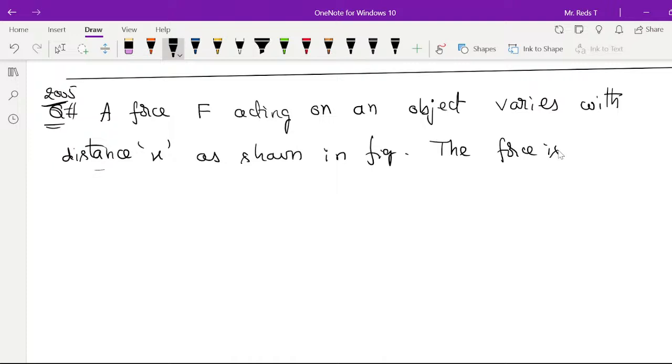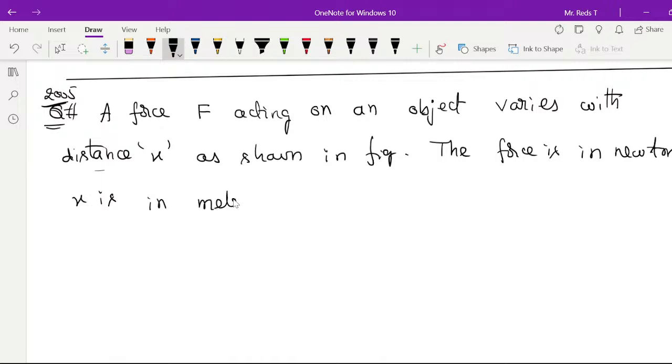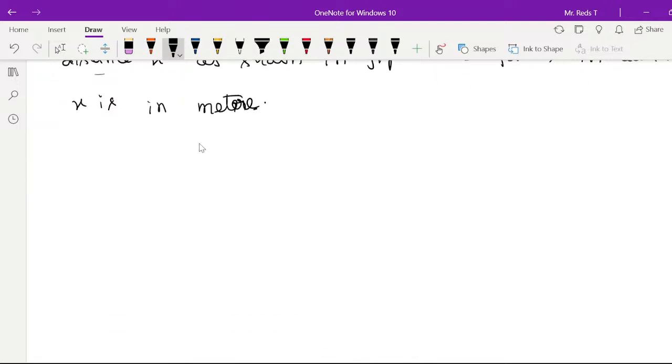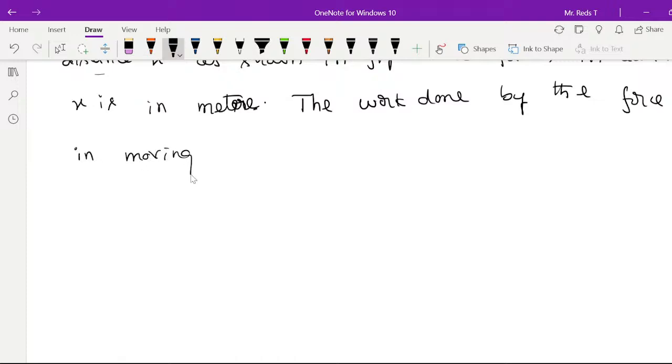The work done by the force in moving the object from x equal to 0 to x equal to 6 meter is.